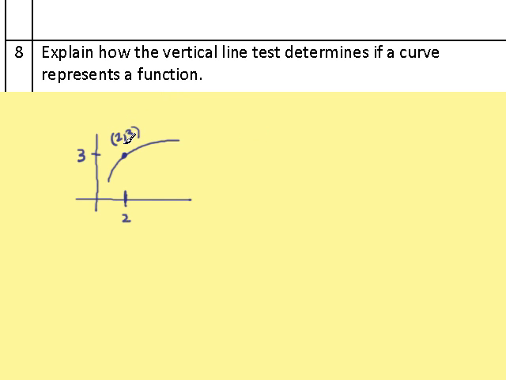In other words, the x value 2 corresponds to the y value of 3.